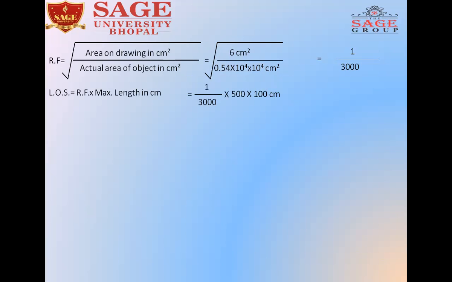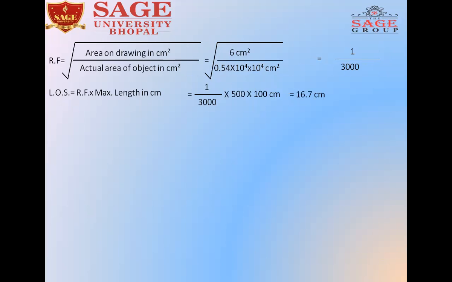But we know the target is centimeter, so we will convert meter into centimeter. We know 1 meter is equal to 100 centimeter, so you multiply by 100. So the final length of scale is 16.7 centimeter.